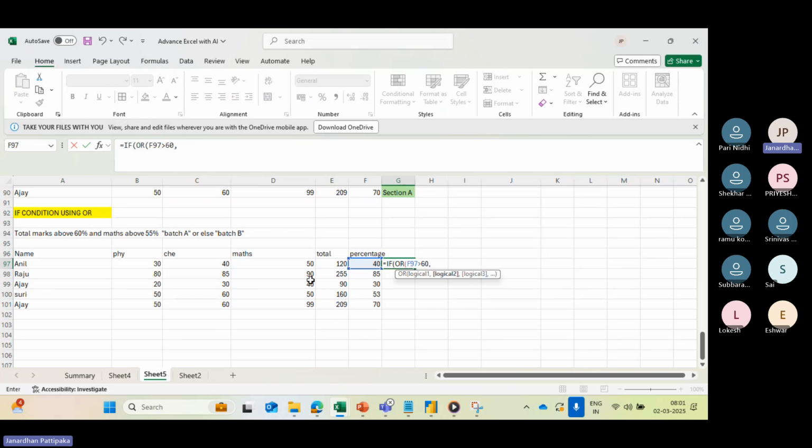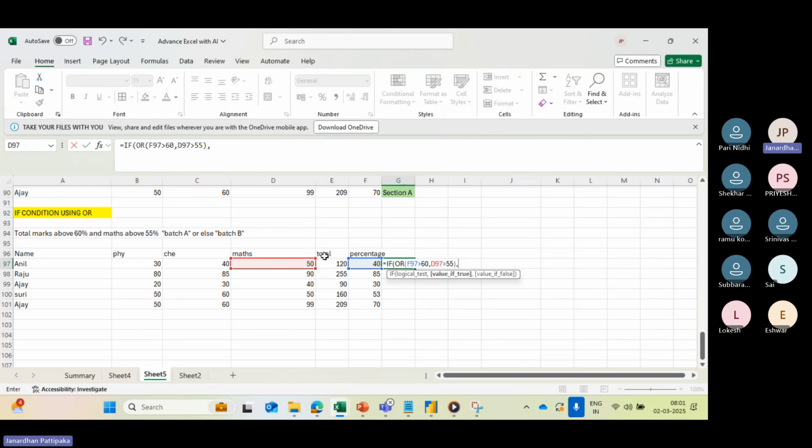And what is the other logical test along with the OR? I'm using the maths. So where is the maths? Marks should be greater than how much? 55. I mentioned that condition also, greater than 55. So I have closed both logics. After that, you need to give the comma. If this condition is satisfied, what output do I need?